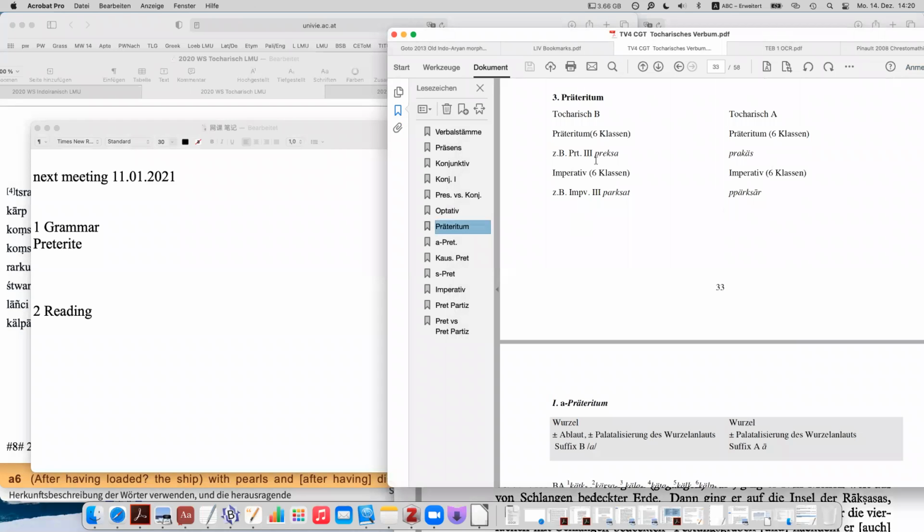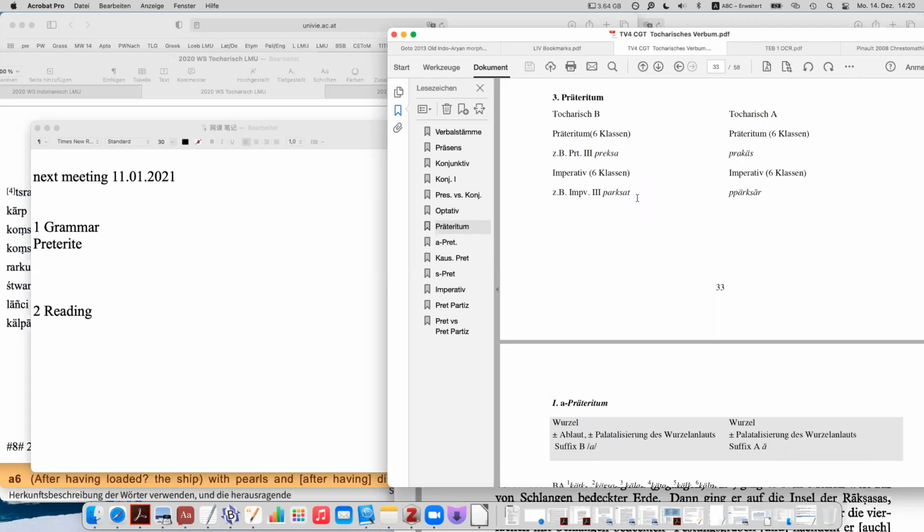Here you can see we have in Tocharian 6 classes of preterite, 6 different kinds. And from the preterite, we can build imperatives. So that's the reason why we also have 6 different kinds of imperatives.